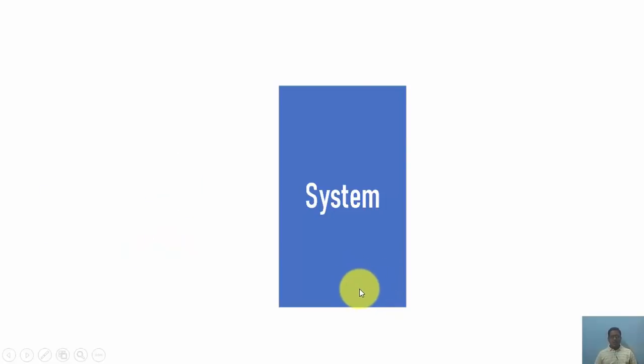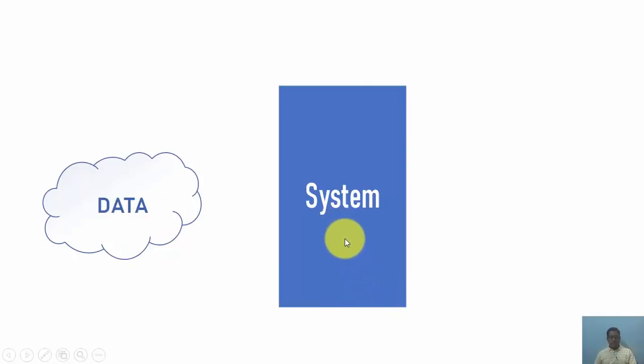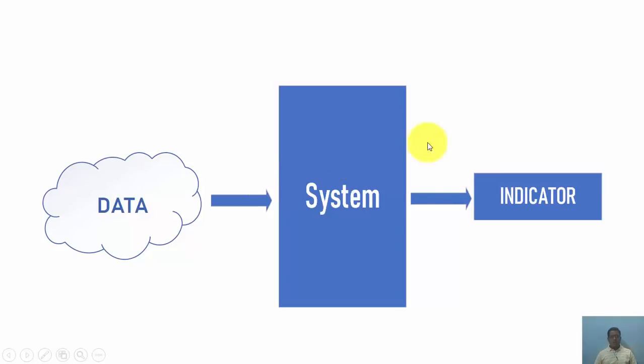Let us consider we have one system. This system is going to read data from the external environment. Whatever data is taken as input, it is going to process, and as per requirement it is going to give indication on an indicator. Suppose this is a monitoring system which monitors specific data, processes it, and produces a result on the indicator. In this generalized concept, two major operations come into the picture.